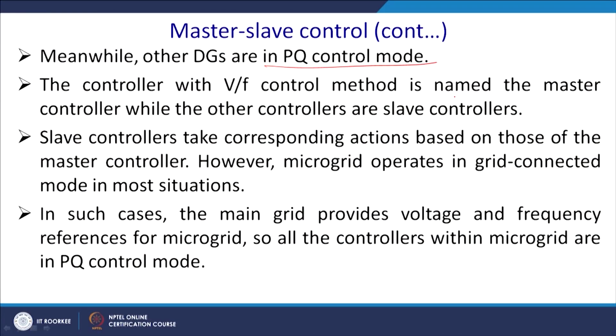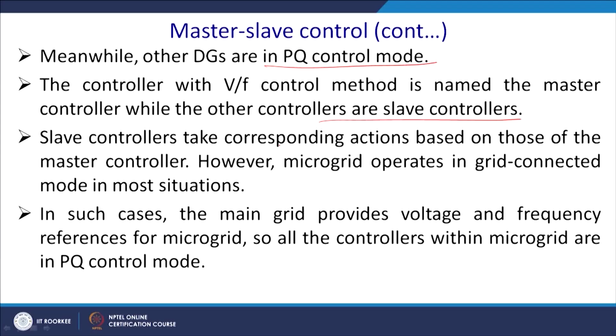The controller with the V/F control method is named the master controller, while the other controllers are the slave controllers. So, only the master controller will work and set the frequency and the voltage of the bus, others will follow and maintain the PQ control to maintain those entities. Slave controllers take the corresponding action based on this master controller.